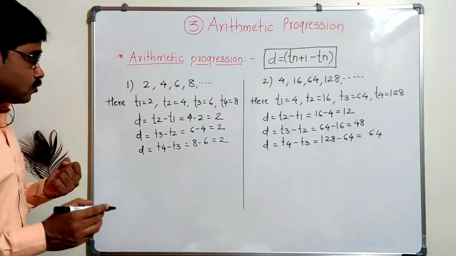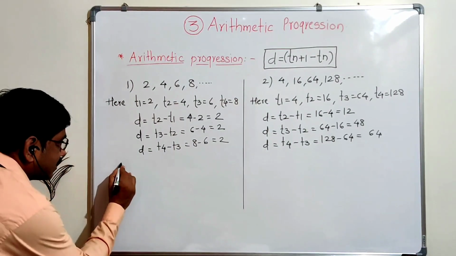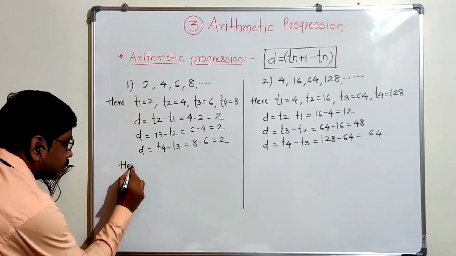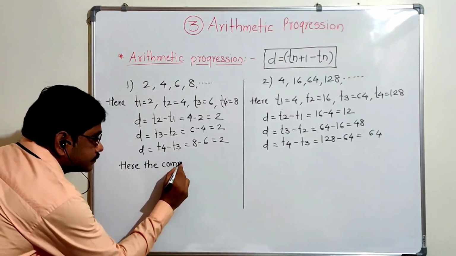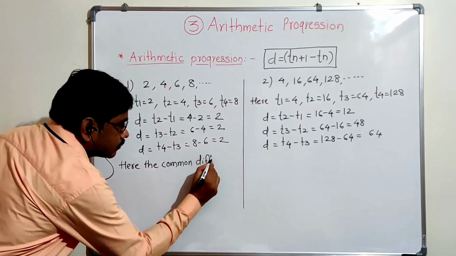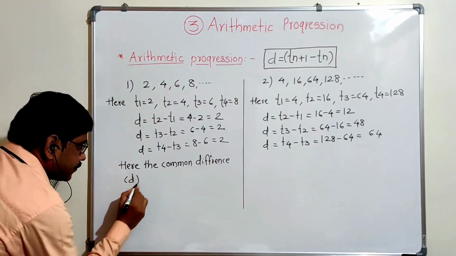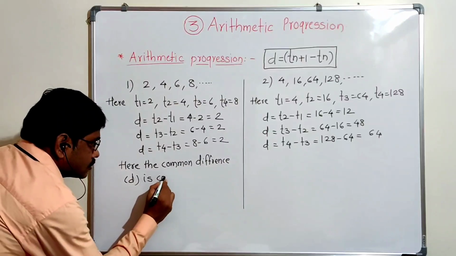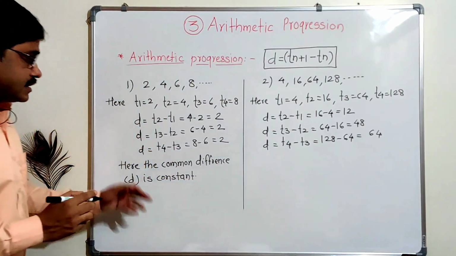So what is our conclusion? What is our conclusion in this example? Here the common difference D is constant. If it is the same everywhere, then we can say it is constant.